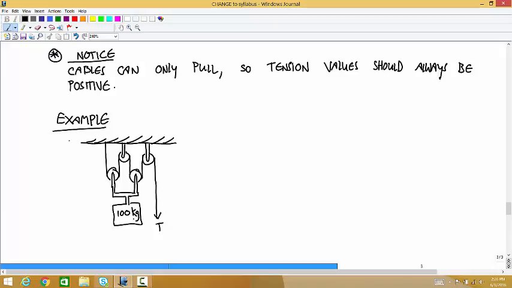Okay, so the question is, what's the cable tension that you need to apply to support this mass? So what's the required value of T so that this mass is in equilibrium?